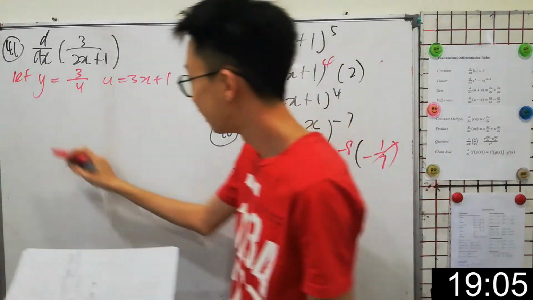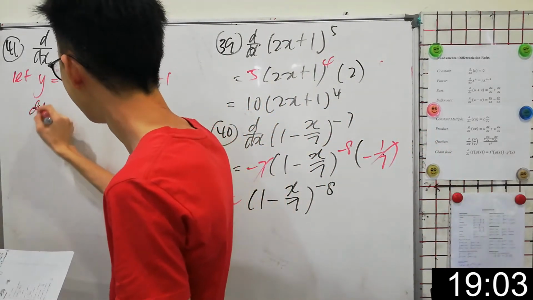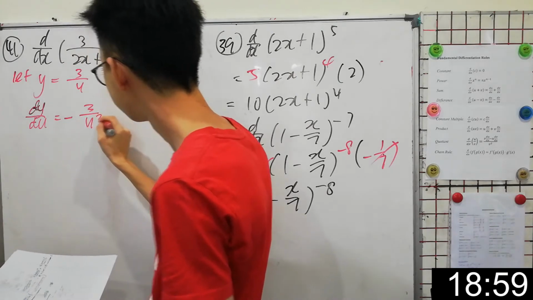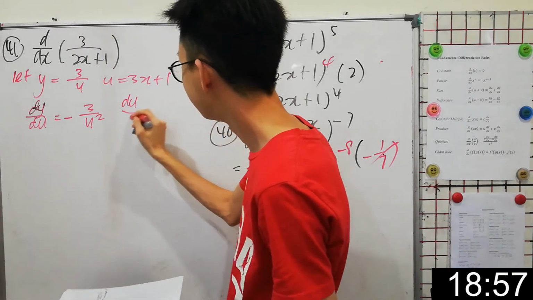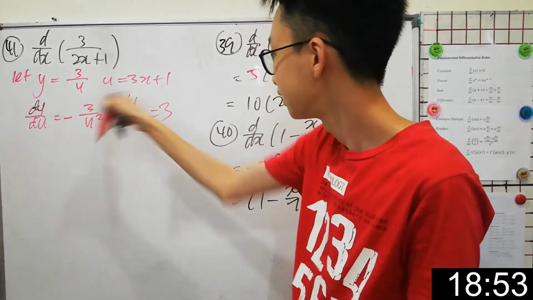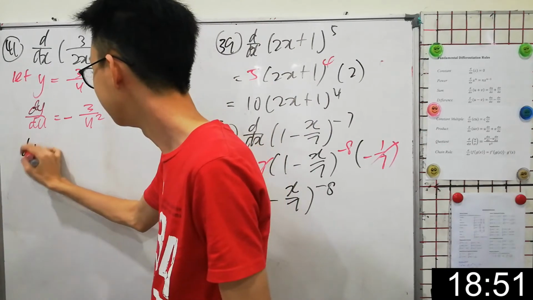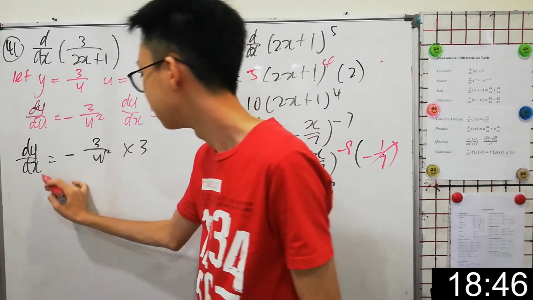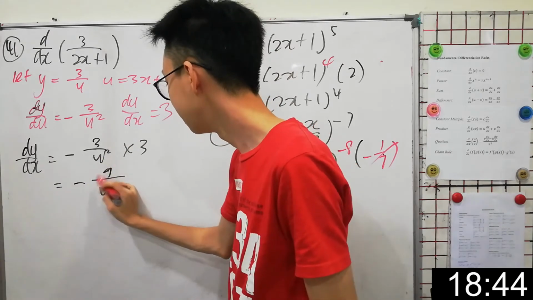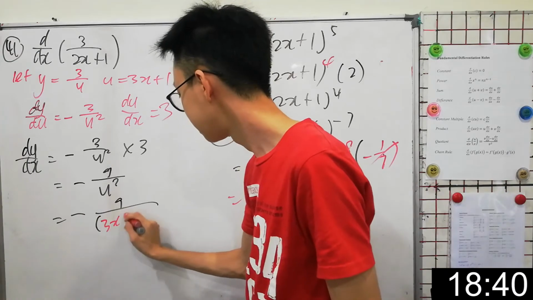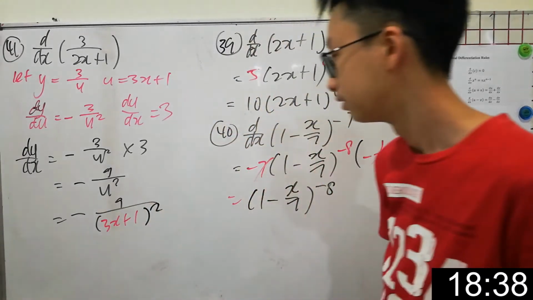Then dy/du will just be negative 3 over u squared, and du/dx will just be 3. Then we can cancel better. So dy/dx will be negative 3 over u squared times 3, which is negative 9 over u squared. Remember to unsub your u, which is (3x plus 1) squared.